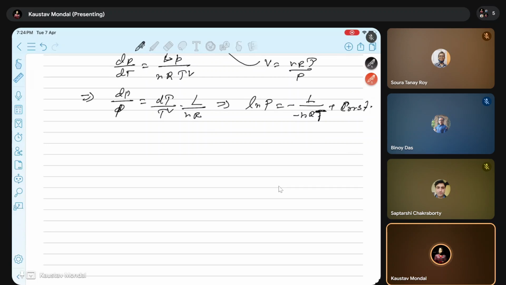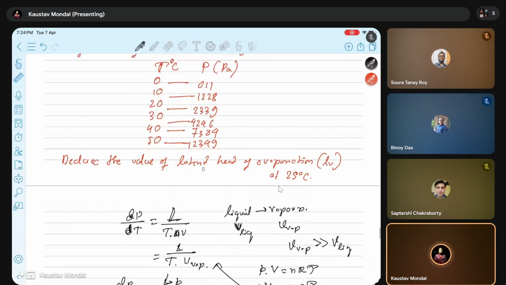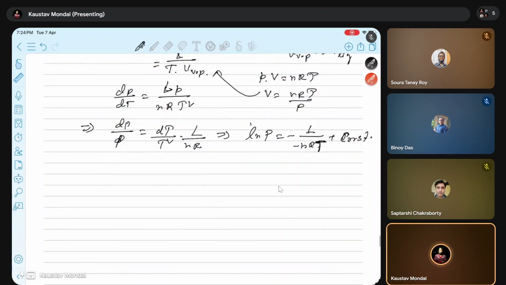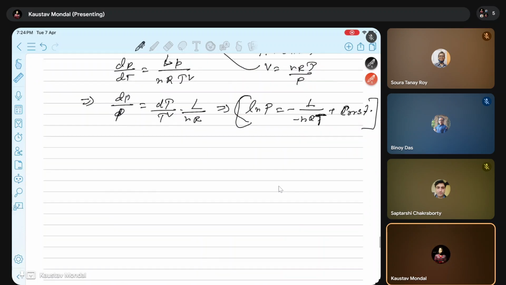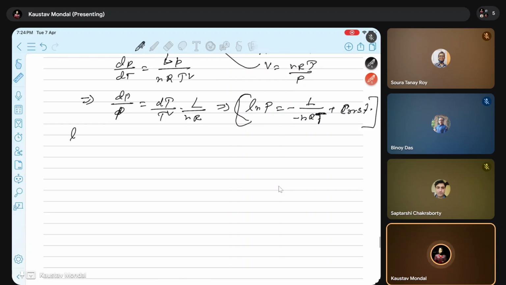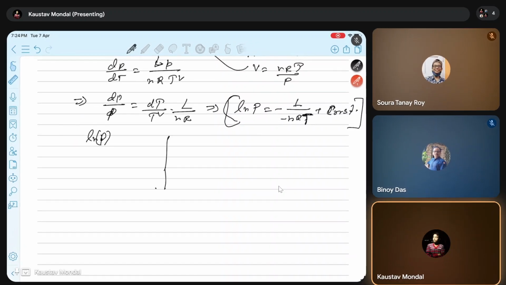So if you have points of temperature and pressure, this is the equation of your phase diagram. If you plot ln P on the y-axis and 1 by T on the x-axis, the curve will be a linear curve like this, right?